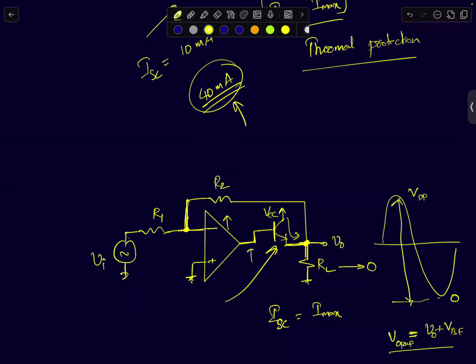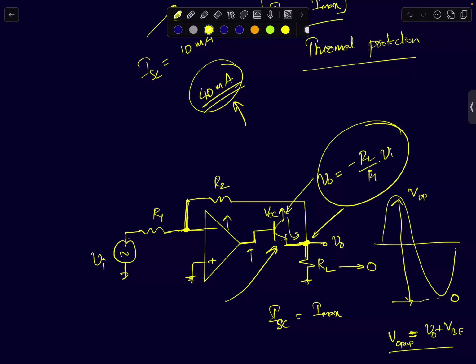You get different flavors of BJTs. This BJT has to be a high current BJT. High current BJTs are often called power BJTs. They will be able to carry larger currents, and they will be bigger in size. You can look at the size physically. Put this in feedback, so that the output node voltage V0 will be exactly equal to minus R2 by R1 times Vi.